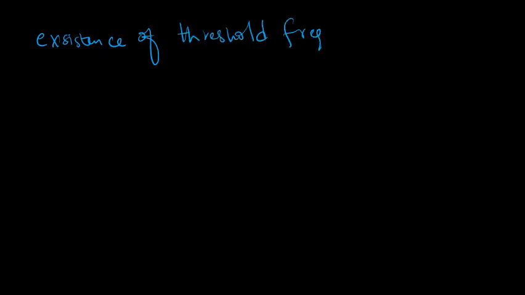And the second drawback of wave theory was the existence of threshold frequency. As we have experimentally observed, there is a specific frequency which is needed to emit the electron from a metallic surface.